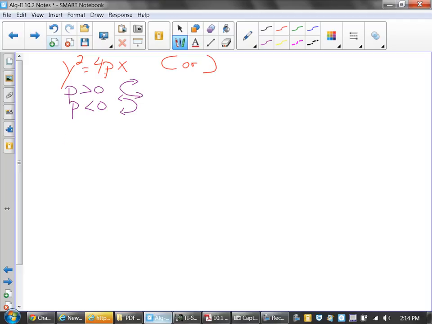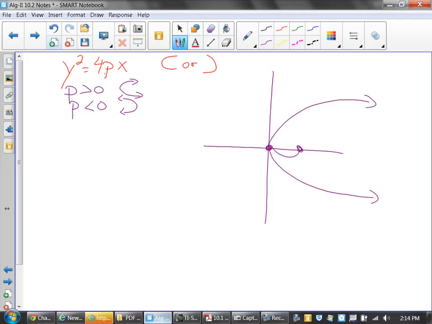My focus now, well, if I draw this, if I'm going to the right, here's my focus, here's my directrix. Will my directrix be an x equals a number or a y equals a number? It's going to be an x equals a number.